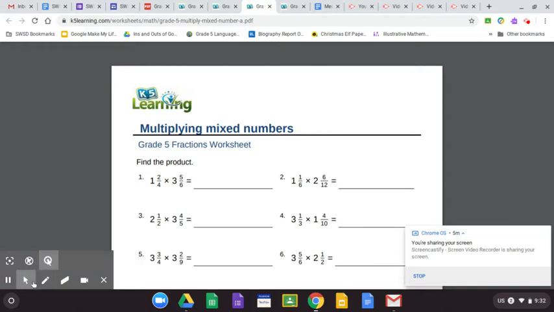So that one's going to be 6/4 times, here you're going to do 6 times 3 is 18 plus 5 is 23. So you've got 23 over 6.